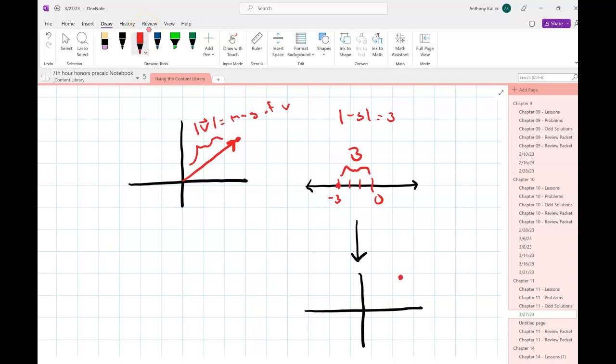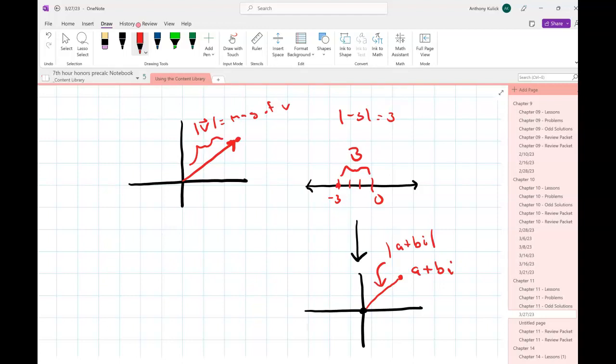Let's say this is the complex number a plus bi. This distance from the complex number to the origin should be the same as the absolute value of a plus bi.